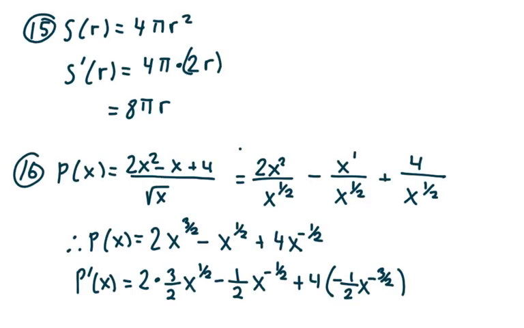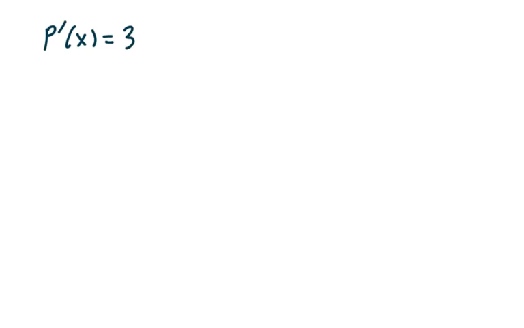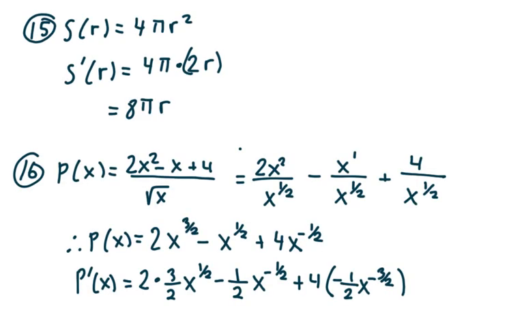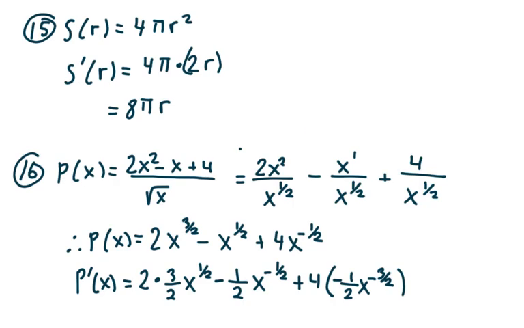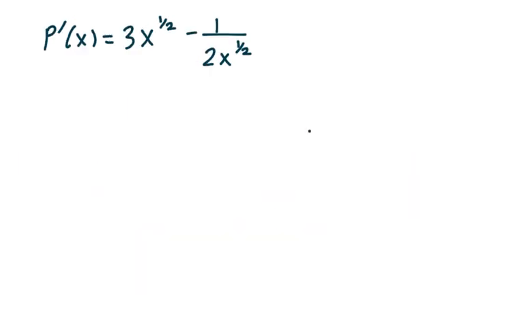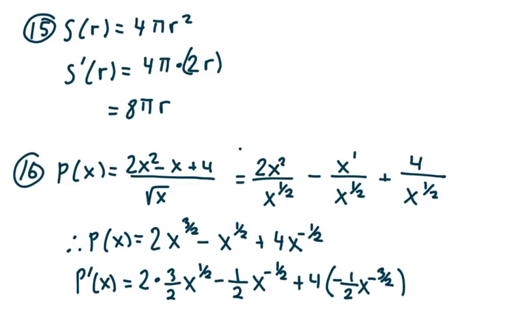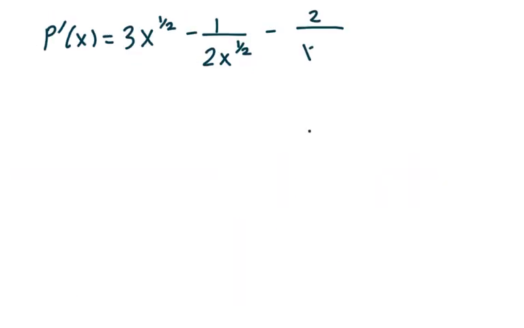So P prime of x equals, now 2 times 3 halves is 3. So we get 3x to the 1 half, right? Then I'm going to go minus 1 over 2x to the 1 half. Then I'm going to go minus 2 over x to the 3 halves.